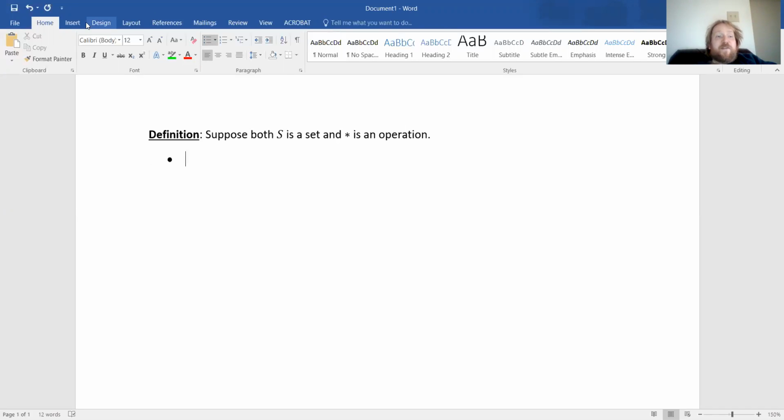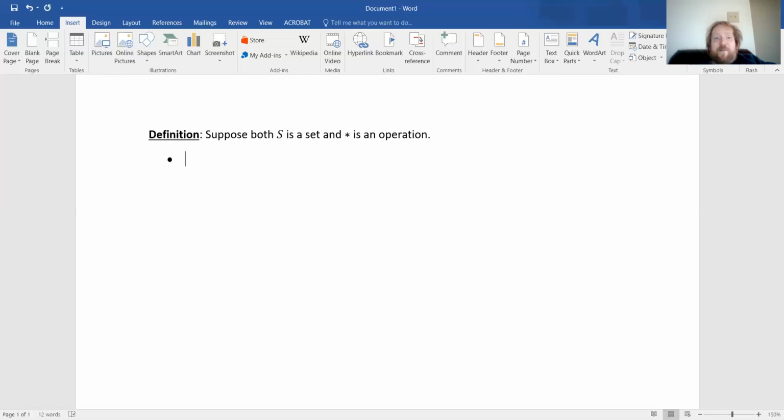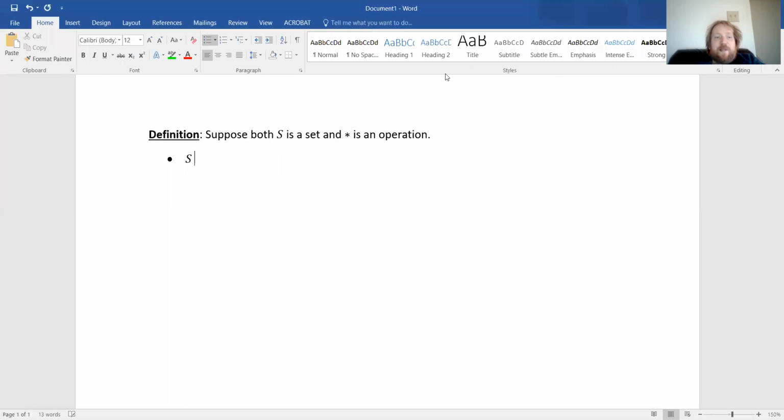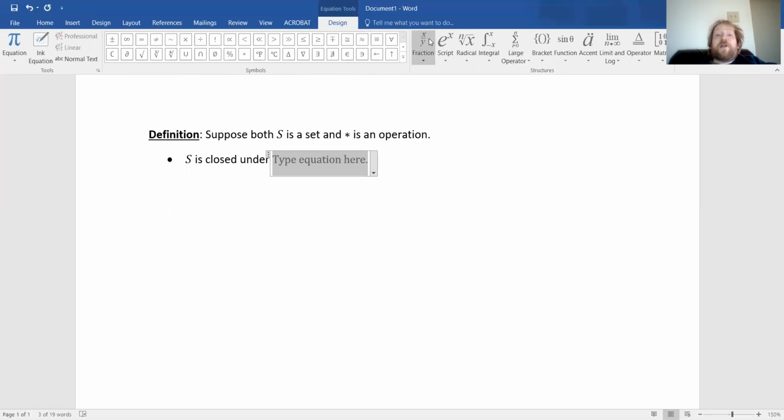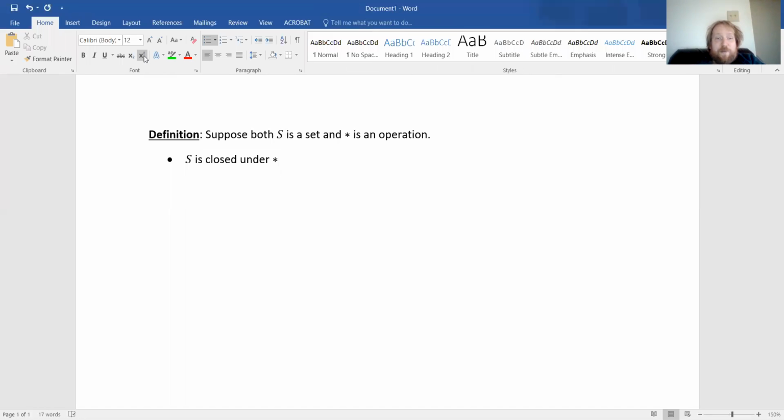We phrase this as the set S is closed under the operation star. Notice that this is a little bit different in phrasing from the first three properties. Sets are closed under operations, whereas operations are commutative, associative, and well-defined on sets.